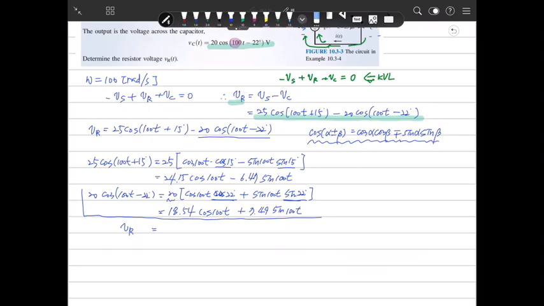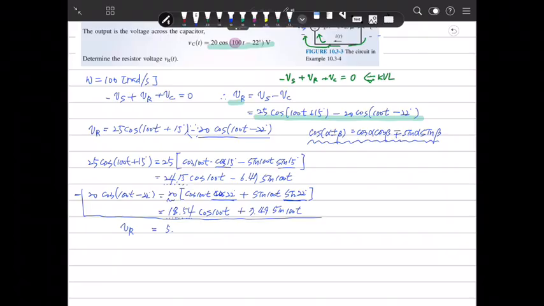Actually, no, not plus. Actually, this is minus, because we have to subtract here. So that will be 24.15 and 18.54.